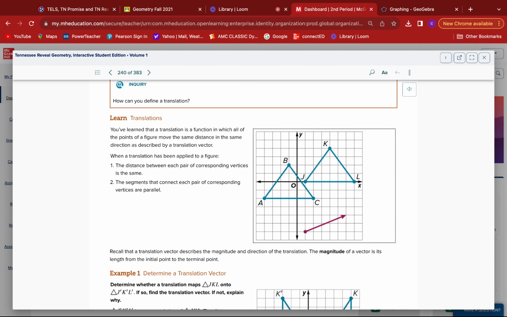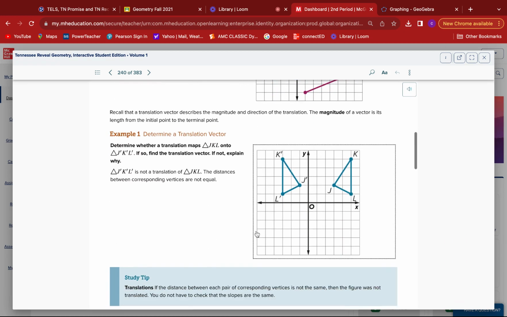That's your beginning, and what's called a terminal point, and that is your ending or where it's going to. So, for instance, this magnitude is 1, 2, 3, 4, 5 to the right and 2 up. So we're shifting A 5 right and 2 up to become J. B is 5 right and 2 up to become K. And C is 5 right and 2 up to become L. So this is what magnitude is, and this is what a vector looks like.